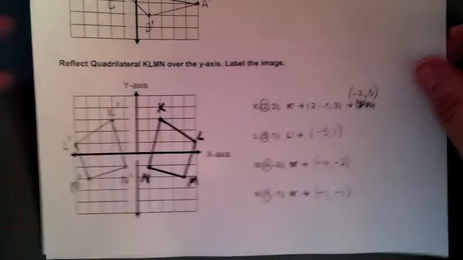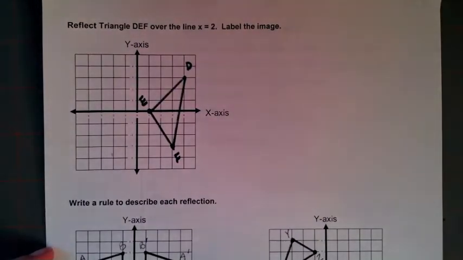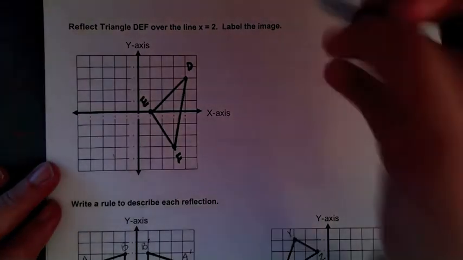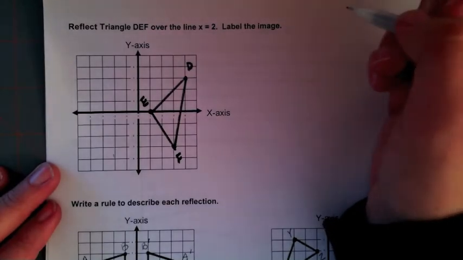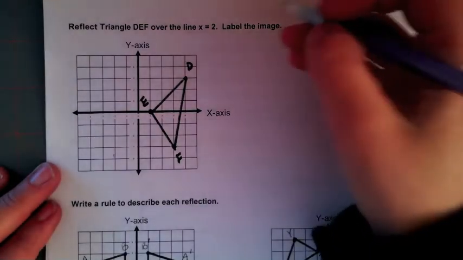Now we're going to look at how to reflect over a specific line. Okay, it's important to remember that a vertical line and a horizontal line are probably our other two most common types of line beyond just your axes.